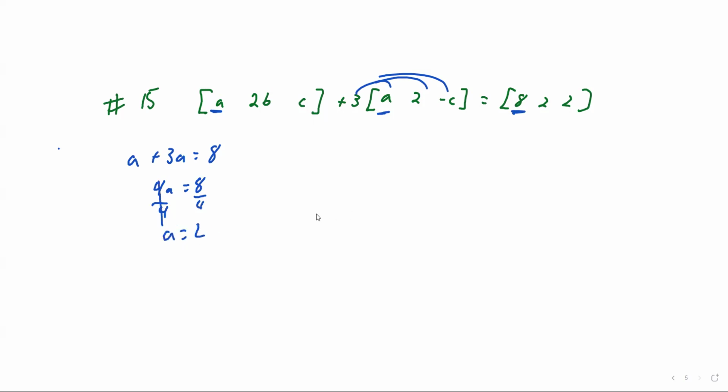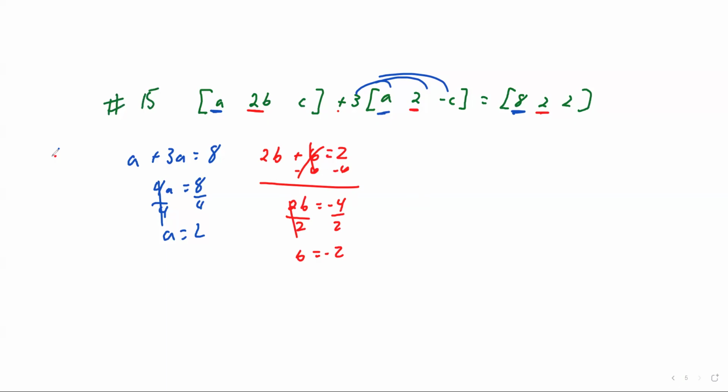So A is equal to 2. Do the same thing with the next one. I'll take 2B plus 3 times 2. So that's going to be 6 equals 2. So then I solve this one. This gives me 2B equals negative 4, and then divide by 2. So B equals negative 2.